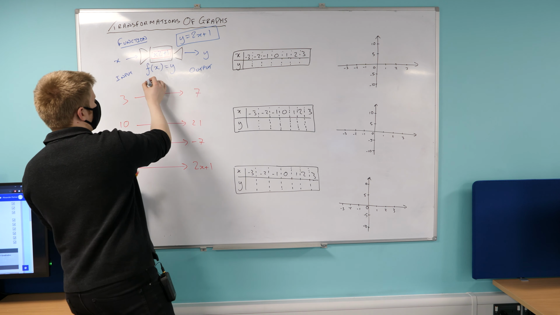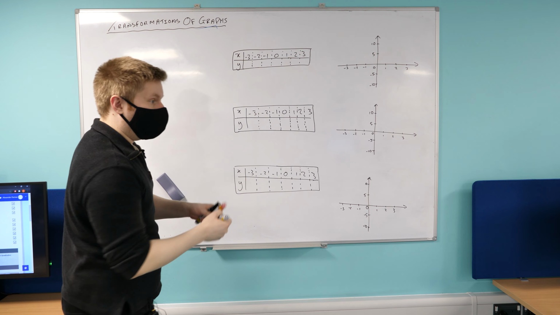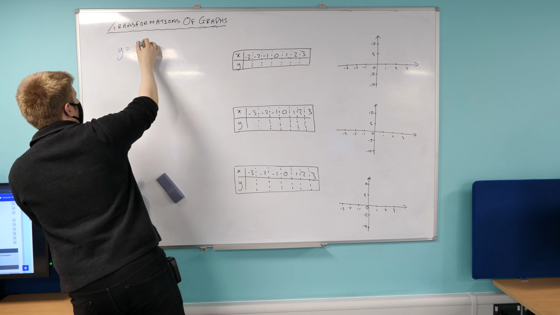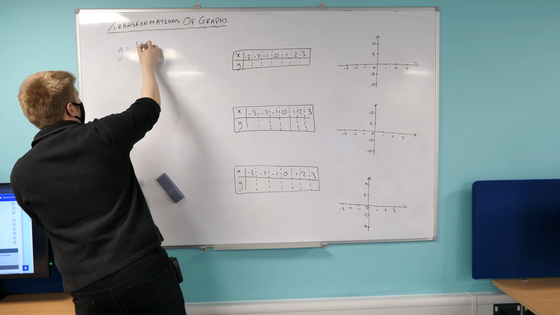So I just really want you to understand this idea of function. It's a way of connecting inputs with corresponding outputs. Does that make sense? Yeah? Let's have a look. Let's suppose I have a function of x. So my output y is a function of my input x.